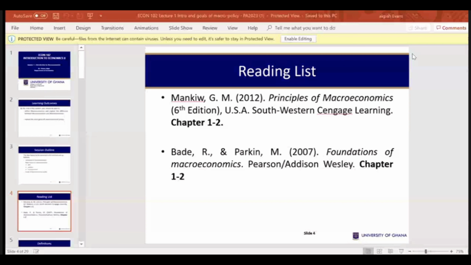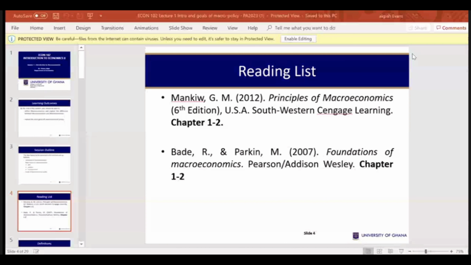This book is one of the contributors to current macroeconomic studies. For those of you who will proceed beyond level 100, we will learn a lot about Keynes and his ideologies. But for now, let's just leave it there as history: Keynes is one of the major contributors in modern-day macroeconomics.